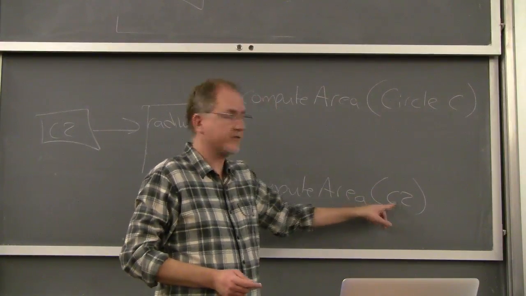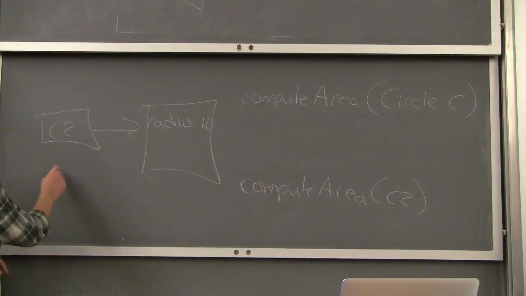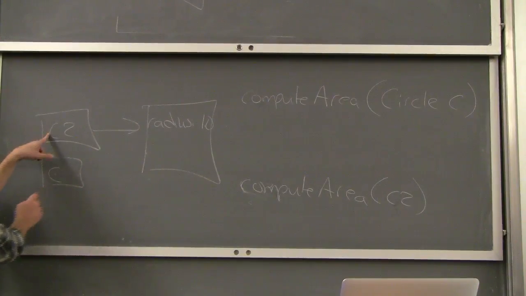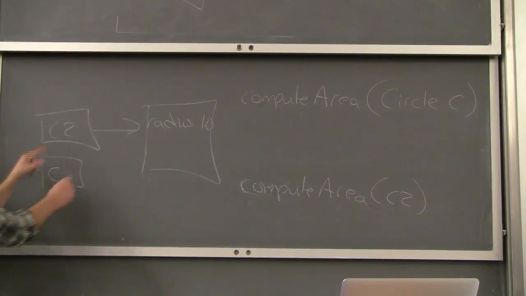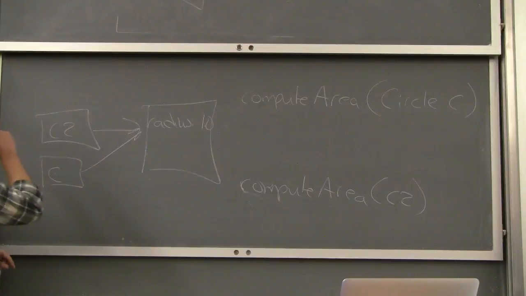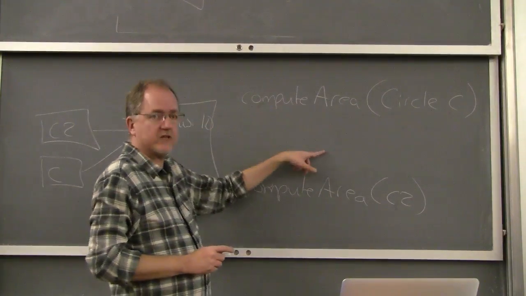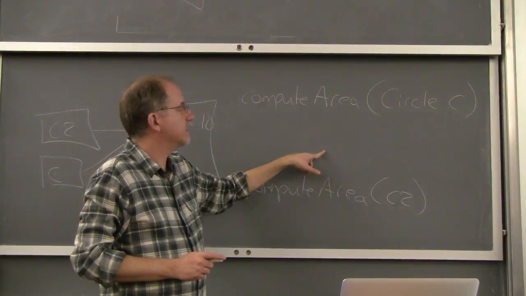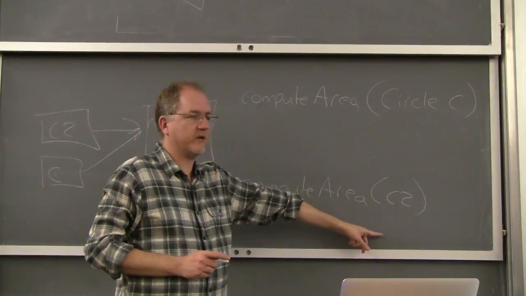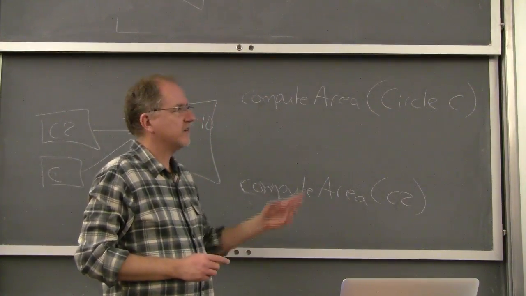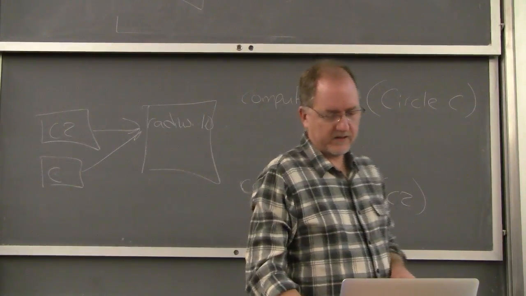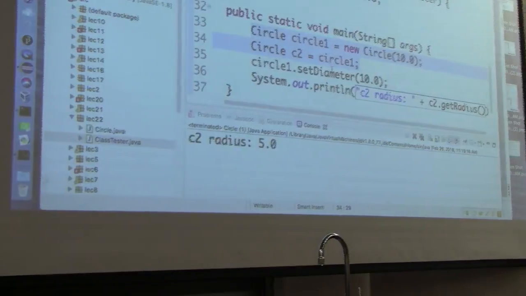C2 is a reference to this object, so C is the same reference value that C2 has in it. So it references this as well. And in here, if I were to change radius on C, it would basically change it on C2 as well.